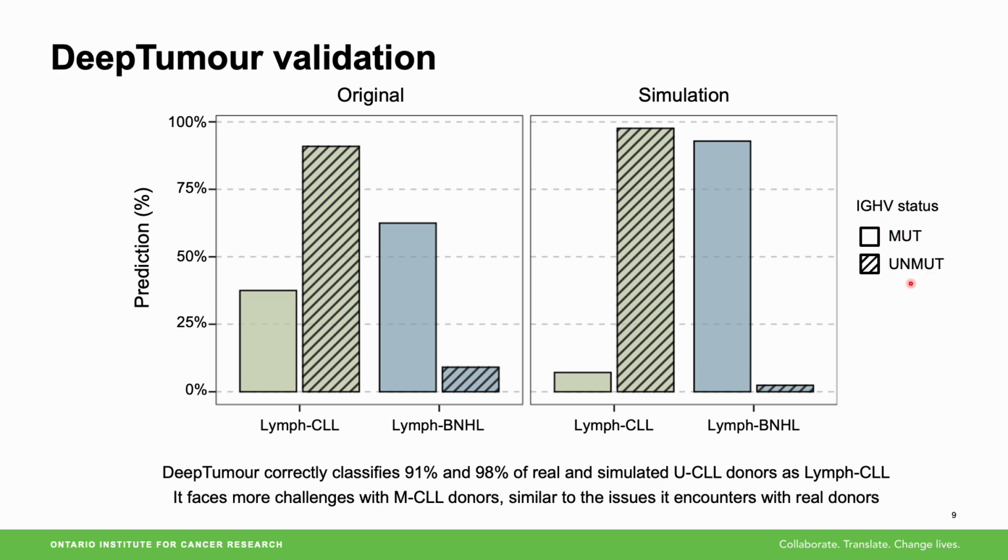When distinguishing between subgroups, DeepTumour accurately classifies 91 and 98% of the unmutated CLLs for real or simulated donors, respectively. However, mutated CLL is very similar to the lymphoid BNHL tumor type, so those are more difficult to predict. This also happens for our simulations, suggesting that we are also simulating the CLL diversity.